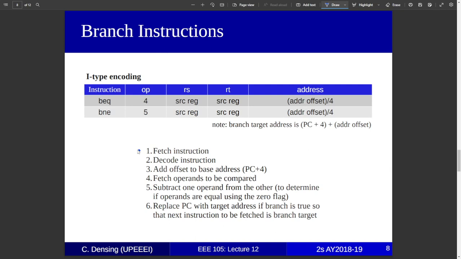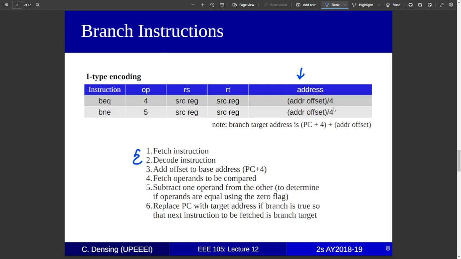So first we fetch and decode the instruction. Those are, as always, the first two steps. And then we add an offset to the base address. So what do we mean by this? Branch instructions have an address offset. Actually, it's an offset in number of instructions.